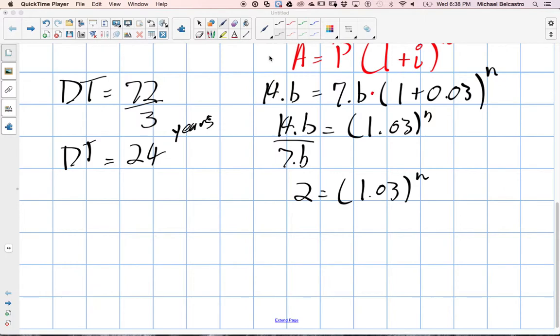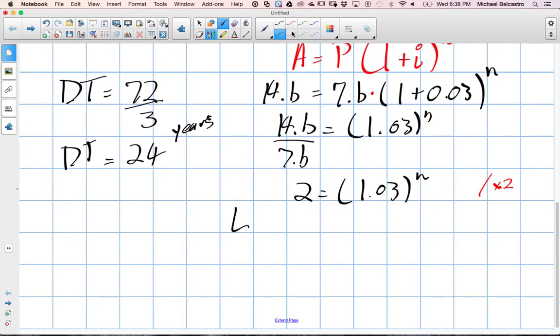The log of both sides. Just like in any equation, if I was to multiply one side by 2, I'd have to multiply the other side by 2. In this one, it's a type of exponential function, a log. We're going to put both sides to the log, okay? So I say log 2 is equal to log base 10, and we don't write a base for base 10, so you don't have to worry about it, of 1.03 to the power of n.